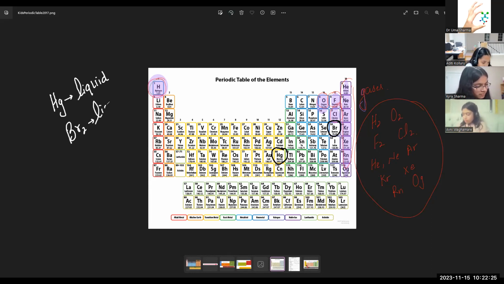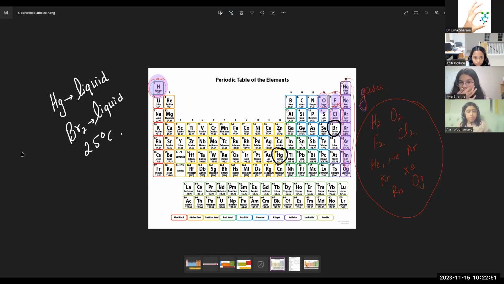At what temperature? Room temperature, 25 degrees. Bromine and Hg. But there are other metals which also melt around 26, 27, 30. So they have a very low melting point. So I'm not going to talk about them. Right now we are just talking about at 25 degrees Celsius.